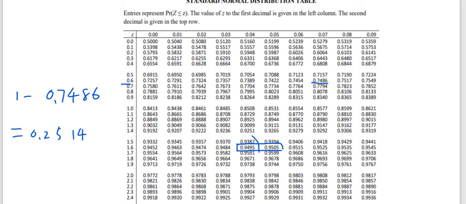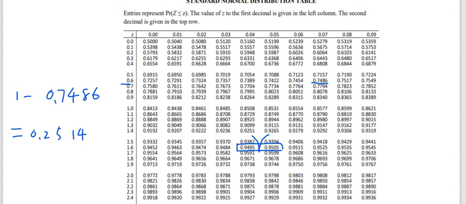So 0.95 is between them, and we just pick the closer one. But the distance from each of them to 0.9500 is the same, so in this case we can pick either one: 1.64 or 1.65.